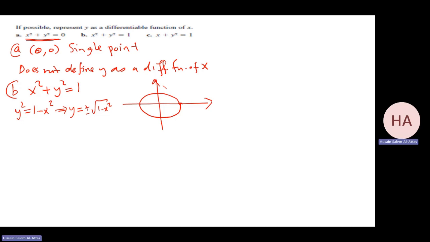So I actually have two functions. This is one function, and this is another function. And we notice at these points, here 1 and 0, and this is minus 1 and 0, f is not differentiable. The slope is undefined.